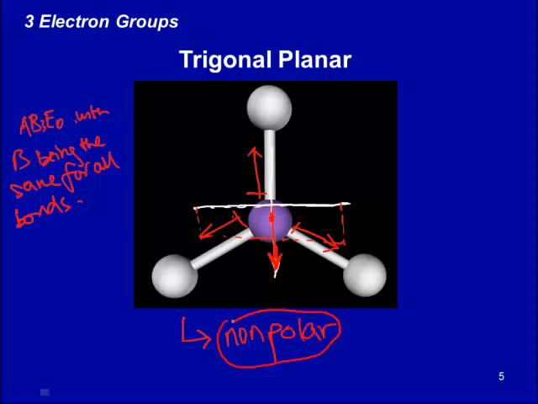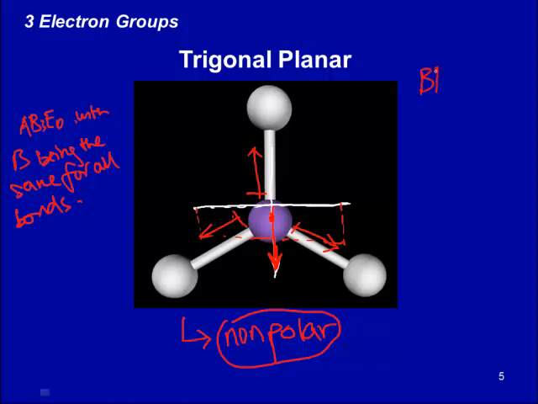Okay? Even though each individual bond can be highly polar, the net polarity will be 0 because they cancel each other out.